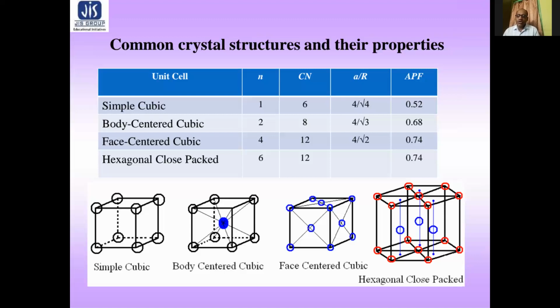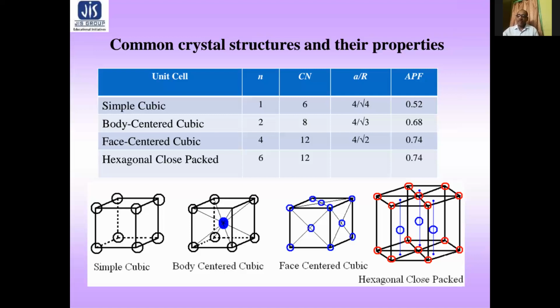The important properties of the unit cells are the type of atom and its radius R, the cell dimension, that is the lattice spacing or lattice parameters A, B, C, and in terms of R, which is very important, and the angles between these axes, alpha, beta, and gamma.